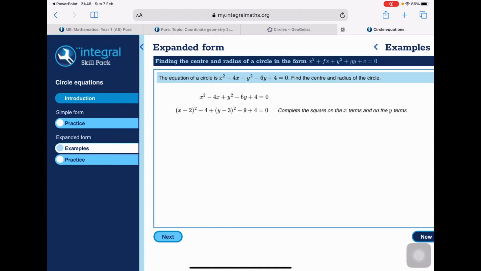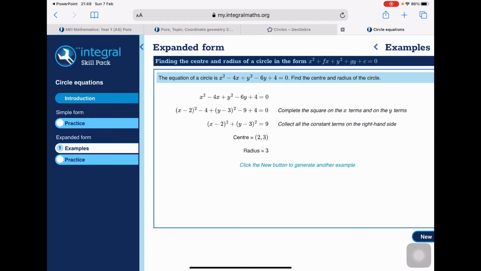As you can see, we have three constant terms, -4, -9 and +4. So we need to collect them together and move them over to the right hand side. Then we get a 9 on the right hand side, and so now it's in the form which we want it to be in. So we know what our a and b values are, and we know that the radius will be the square root of 9, which is 3.